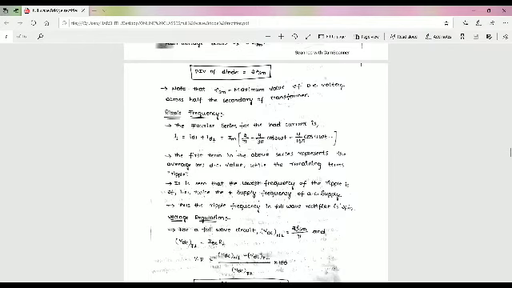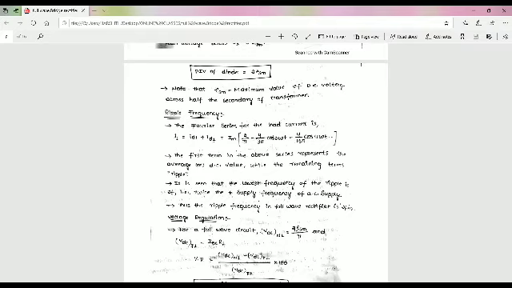Okay, it is seen that the lowest frequency of the ripple is 2F, that is twice the supply frequency of the AC supply. Thus, the ripple frequency in full wave rectifier is 2F.